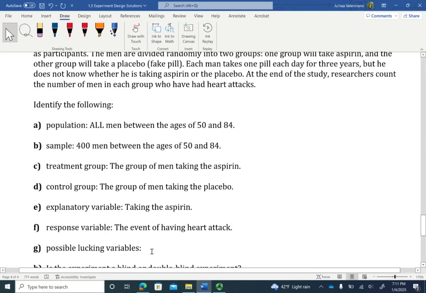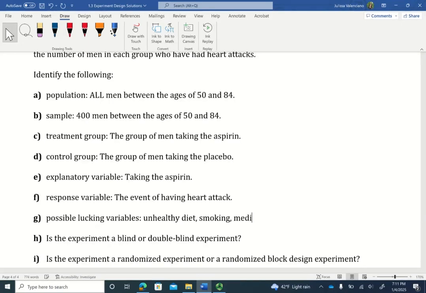So what are some of the possible lurking variables? We mentioned some earlier, and so that could be unhealthy diet. We mentioned smoking. We also mentioned medical history. Again, there's multiple lurking variables. We're hoping that the researchers are thinking about how to block these lurking variables.